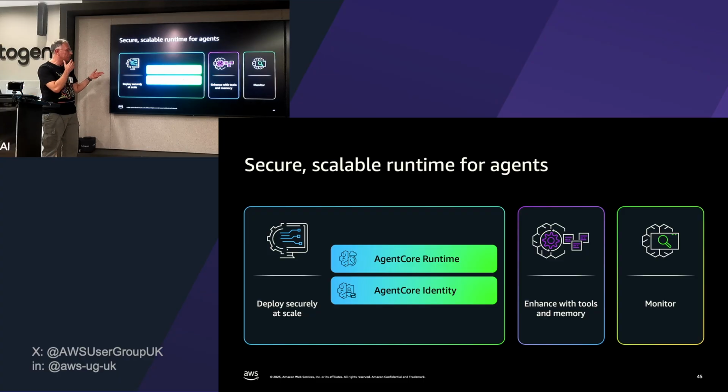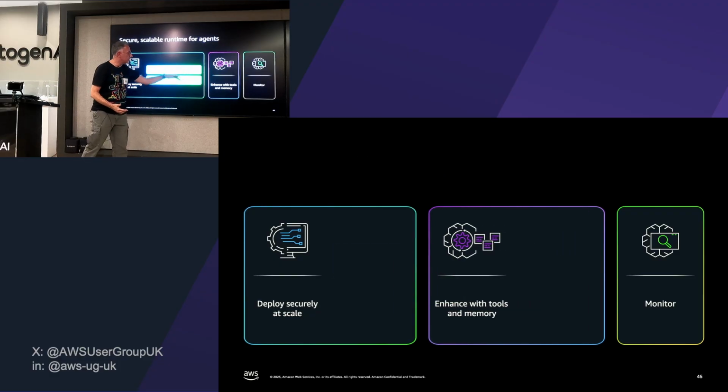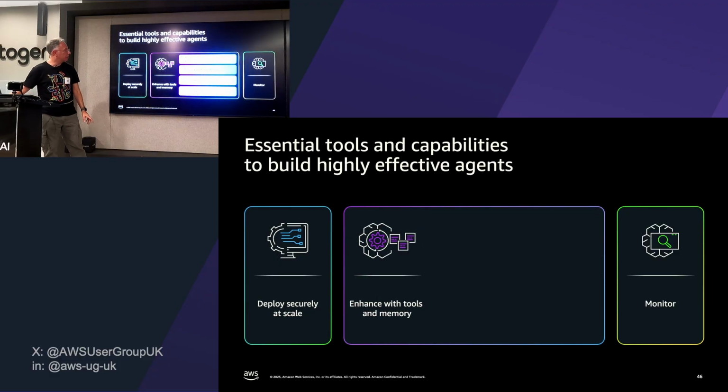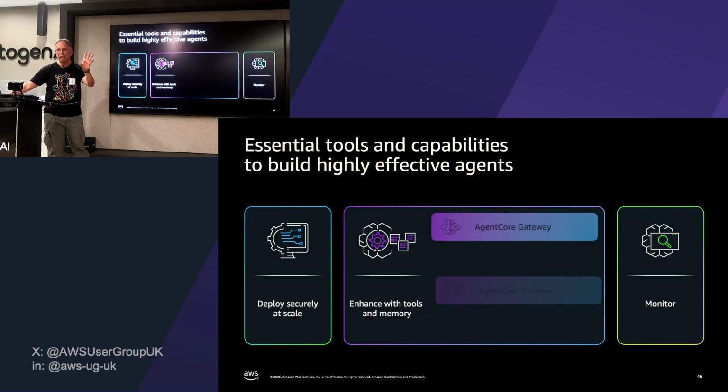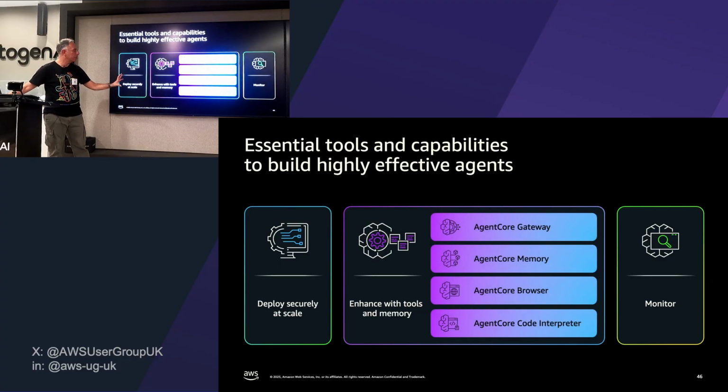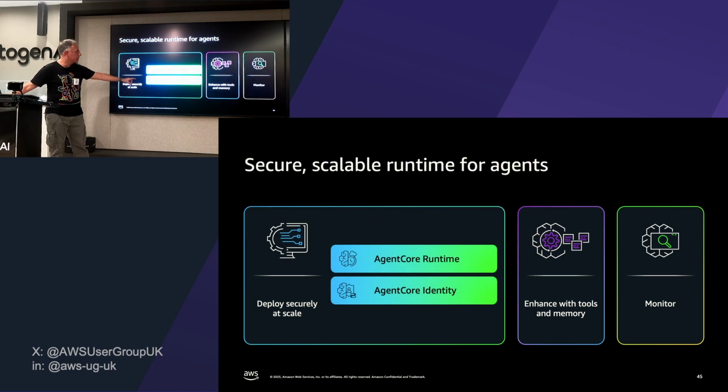So for this reason, we launched AgentCore, and AgentCore has these components. A runtime to run your agents, and that's the concept of session. So every session runs on a separate serverless environment, like a Lambda function, but can run up to 8 hours. Then there's an identity service to handle identities inbound and outbound.